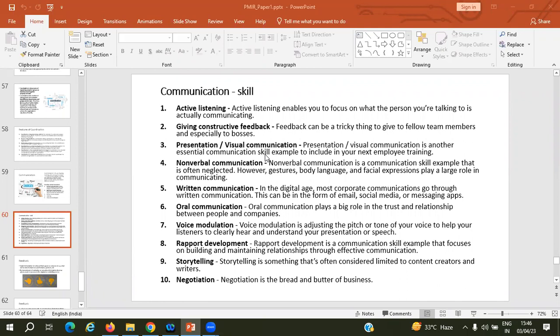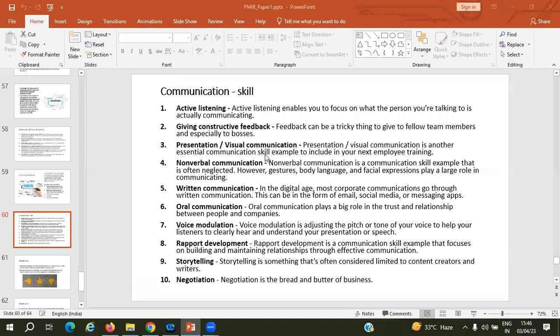If the noise is coming, you have to make sure the noise is stopped, or you have to raise your voice so people are able to listen. So these things come under voice modulation. This skill is required when you are communicating, when you are speaking publicly in a big group, in a team.